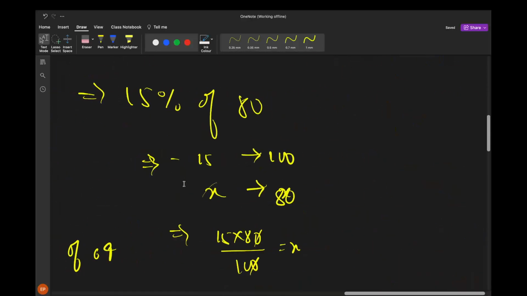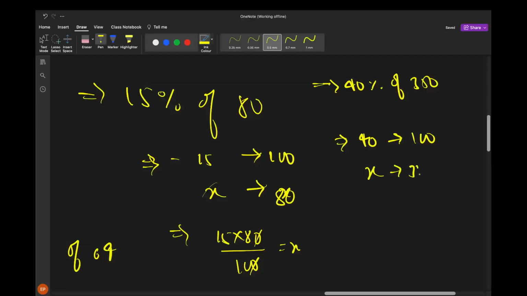40% of 350, which is 40 for 100. How much for 350? Please try to solve on your own, then pause the video and see the answers later. 40 into 350 divided by 100 gives x.